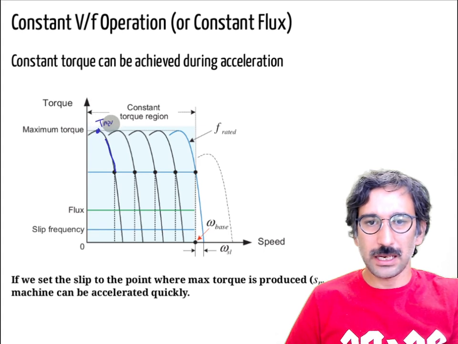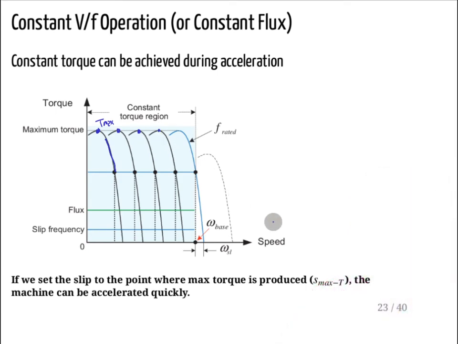If this is the T max point, okay, you can adjust the operating slip to here, that one as max T, so you can generate the maximum torque. Okay, and as the machine accelerates, you can move your frequency accordingly, so you will always keep the motor running at the maximum torque during acceleration.